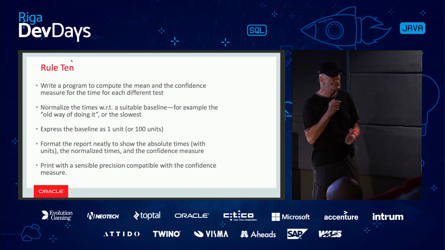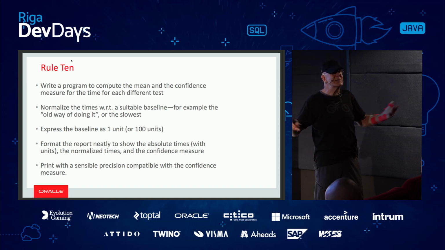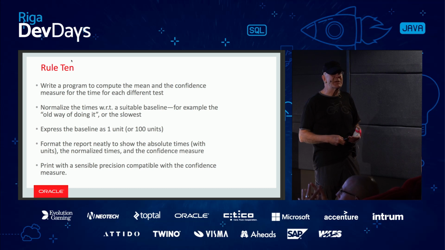You want to present your final answers with a precision that is compatible with the variances that you've measured in the experiment. That's not a principle that's specific to PL/SQL, is it? That's a general feature of any experiment that involves measuring things and averaging them and computing measures of central tendency and measures of confidence, right?